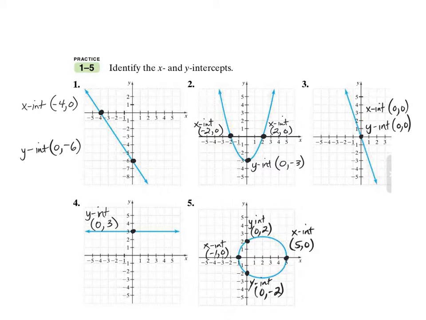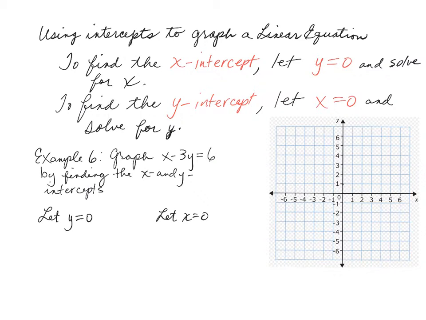Okay, so we've identified the intercepts. Now we're going to use intercepts to actually graph a linear equation. To find the intercepts given an equation: previously in the previous slides we were given a graph and asked to look at the graph and find the intercepts.